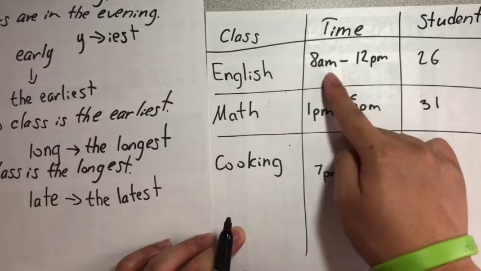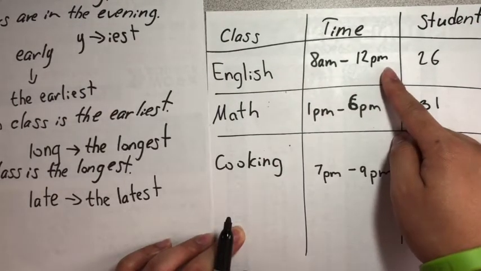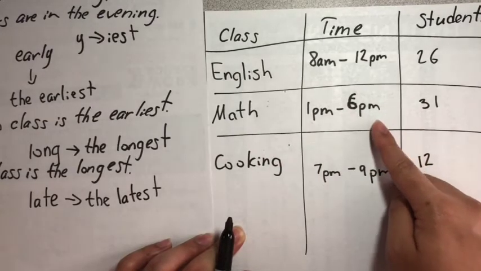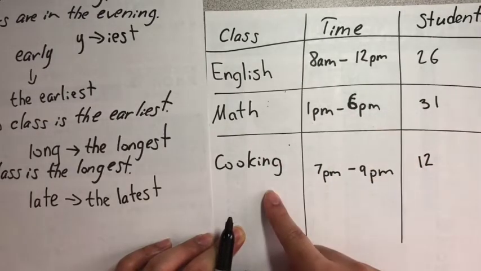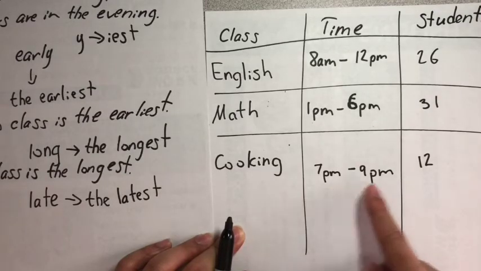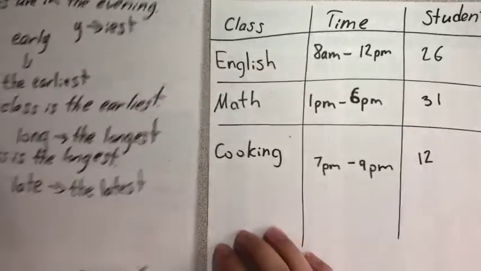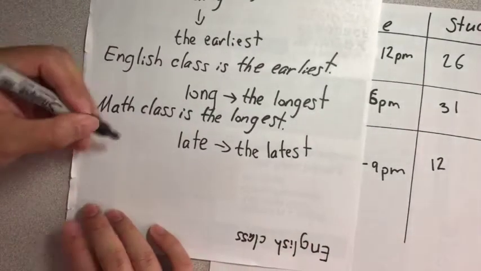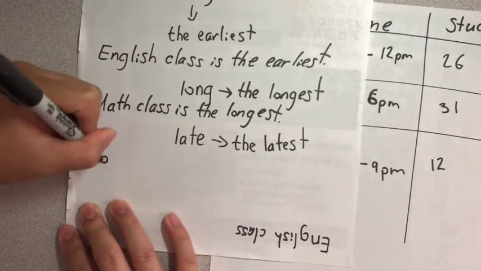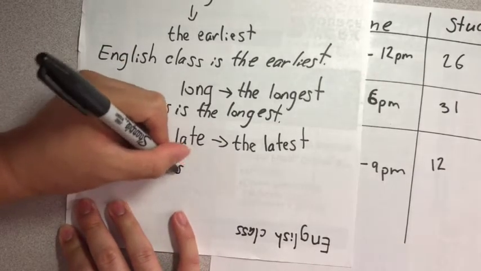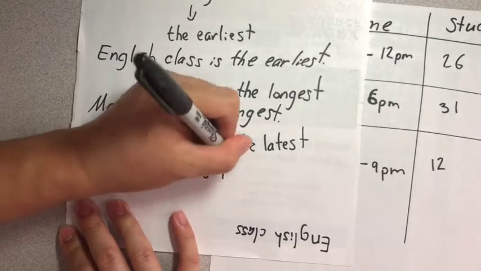English class starts at 8 and ends at 12 p.m. Math class starts at 1 p.m. and finishes at 6 p.m. Cooking class starts at 7 p.m. and ends at 9 p.m. This class is the latest. So we say cooking class is the latest.